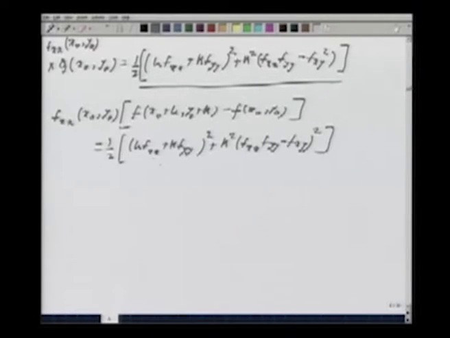Okay. Now notice that this quantity here is always bigger than or equal to 0 because it's a perfect square.